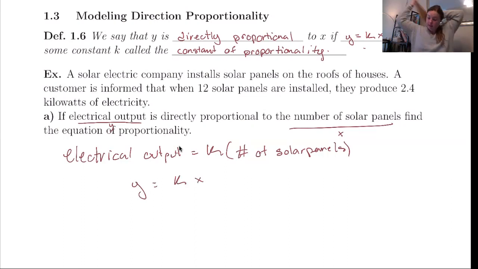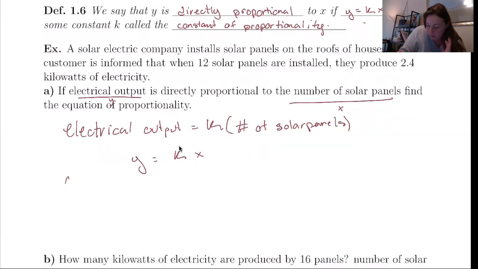In this case, you're like, Minzy, how am I supposed to find k? I'm only given 1 point. I can't find the slope of just 1 point. But you don't just have 1 point. You have 2. You also don't even need those points. I'm just going to plug in x and y. I have an x and y, 12, 2.4.